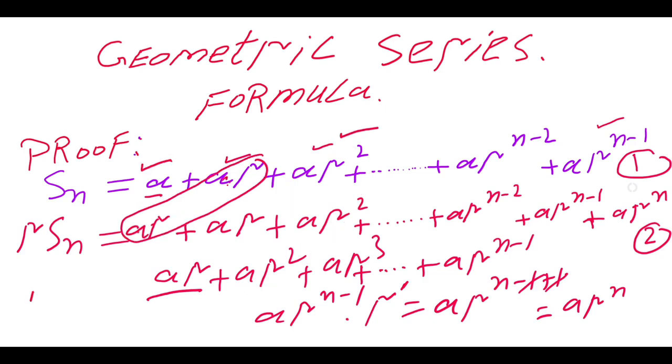So you subtract 1 minus 2, and you're only left with A minus AR power n. Either way works, that's why I shift one position to the right, so I can easily cancel out. It's actually the same thing, because the second is one position ahead.